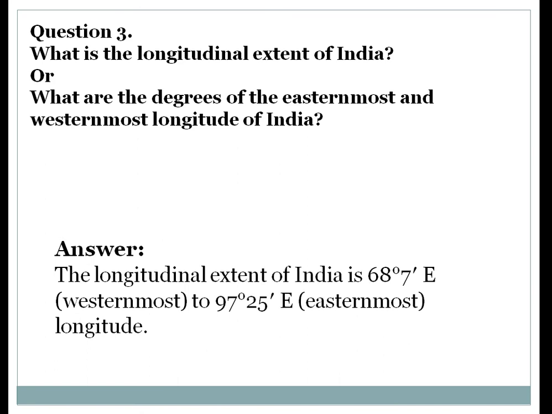After reading the notes, you can clearly give the answer to this question if you have studied the notes properly. The longitudinal extent of India is 68 degree 7 minute east, right? Then 97 degree 25 minute east.